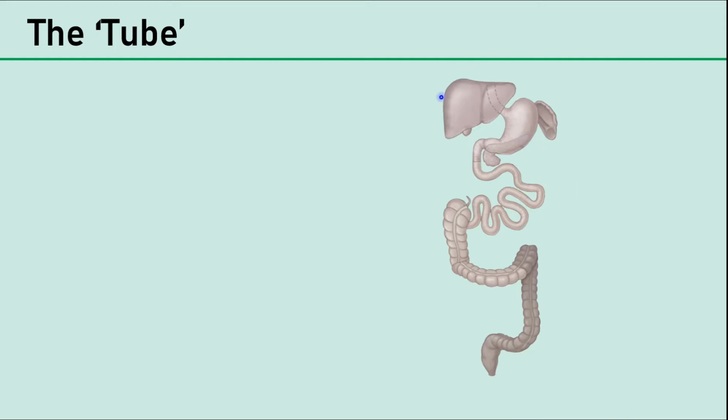We have the foregut here, which ends partway through the duodenum. And then we have the midgut, which is the rest of the small intestine and most of the large intestine. And then lastly, we have the hindgut, which is the remainder of the large intestine and the rectum.